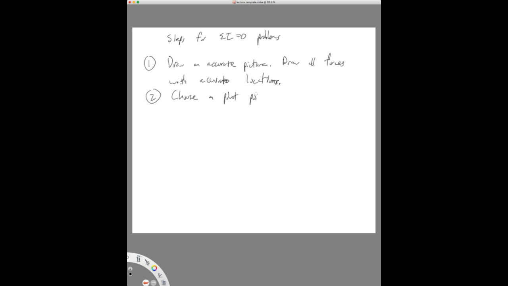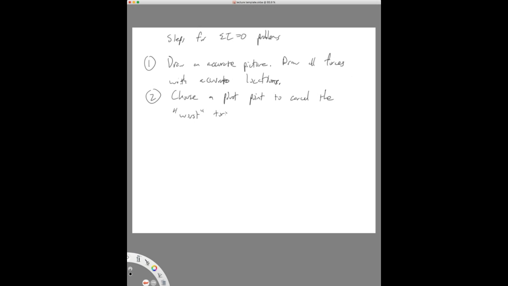And how do we choose it? We choose a pivot point to cancel out the quote worst torque.